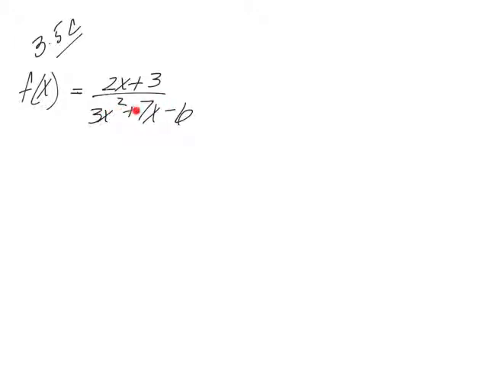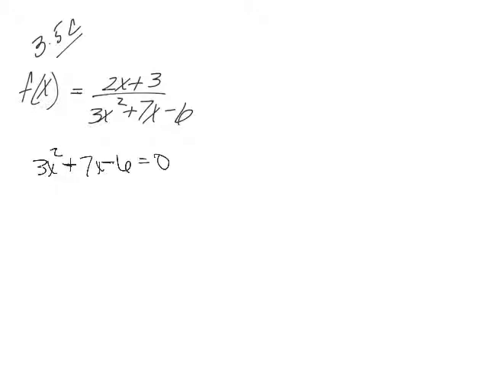So if we can find numbers that will make this bottom here 0, we've got vertical asymptotes. Because if this is 0, 2x plus 3 over 0 is undefined, and that's what we need. So all we're going to do, first of all, is write this as 3x squared plus 7x minus 6, and set it equal to 0. So we're trying to find out what value of x will make that 0.